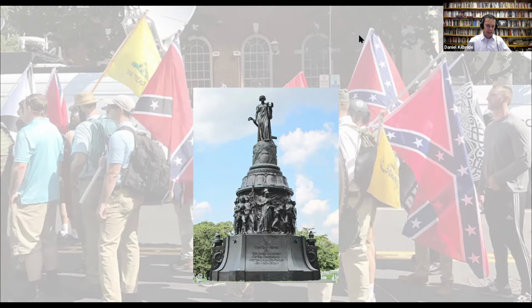Just a few quick things. There are 103 K through 12 schools named for Confederate veterans. Again, usually Lee, Davis, Stonewall Jackson, etc. There are 3 universities named for Confederate veterans, such as Washington and Lee University. And there are also 9 state holidays in over 5 states that are for Confederate holidays.